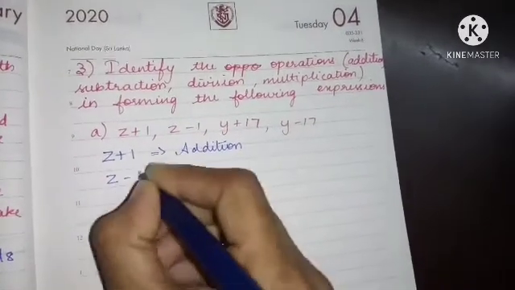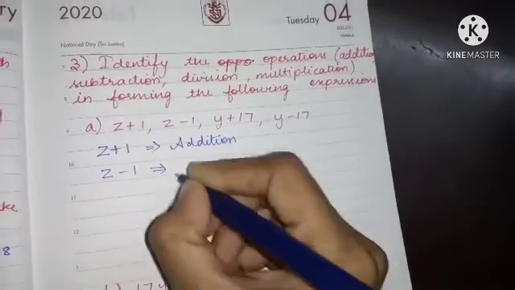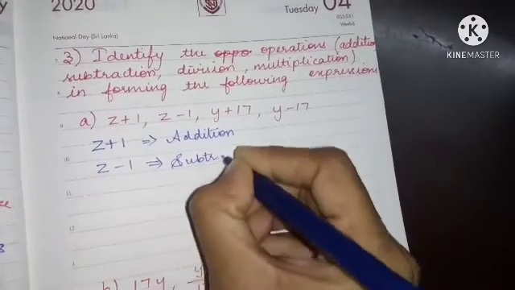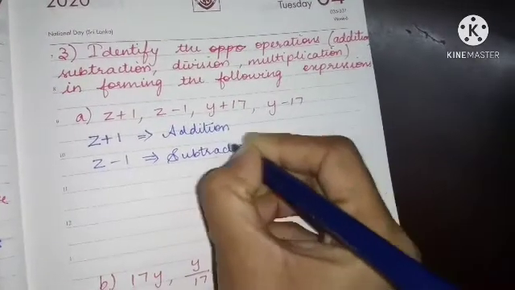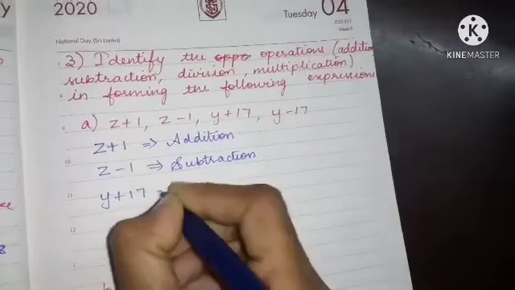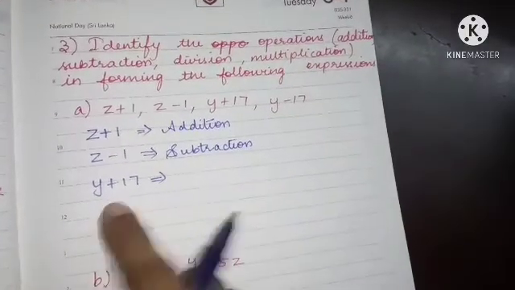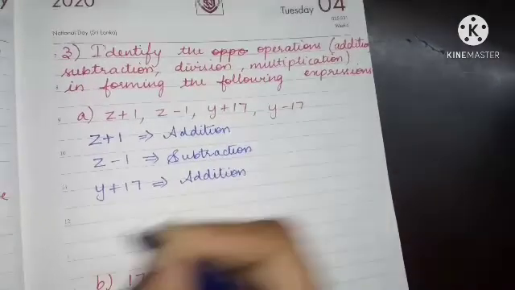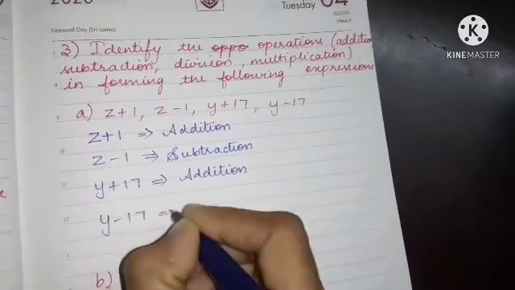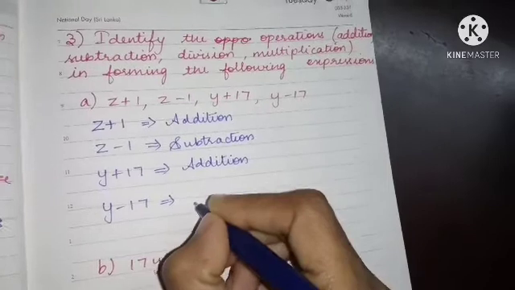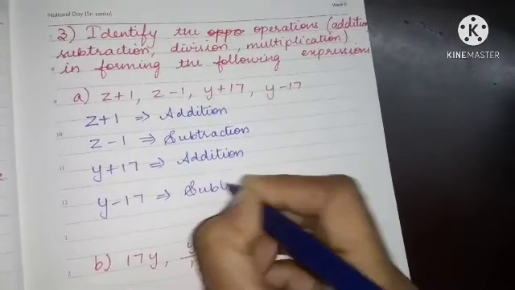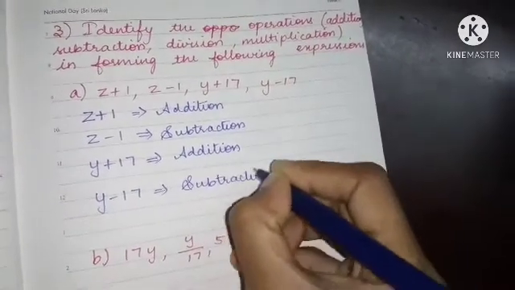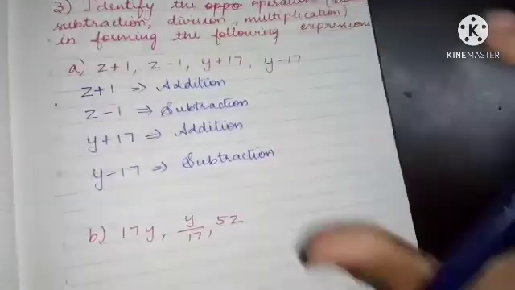Next, Z minus 1: subtraction. Y plus 17: addition. Y minus 17: subtraction. Okay, so now we have completed A.